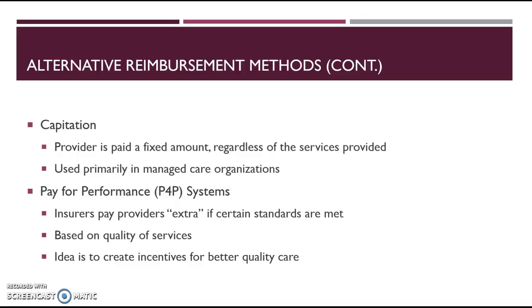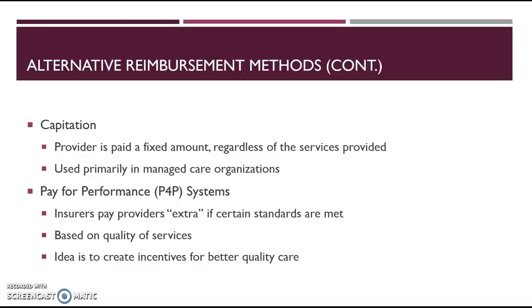Or maybe 90% of diabetic patients are having quarterly blood tests, something like that. So it's a way to ensure that quality standards are being met. It can also apply to things like medical errors. So a hospital might get a little bit of an extra incentive for having no medical errors or having no infections that are a direct result of the hospital practices.